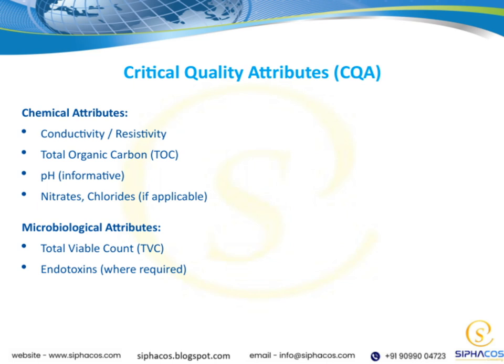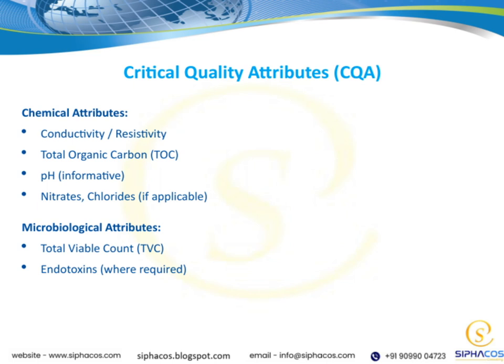Total organic carbon, or TOC, measures organic compounds, helping us assess the level of organic contamination. pH, while sometimes considered less informative, still plays a vital role in ensuring the water remains within the acceptable range for our processes. Additionally, nitrates and chlorides, if applicable, are monitored because they can impact product safety or process performance.